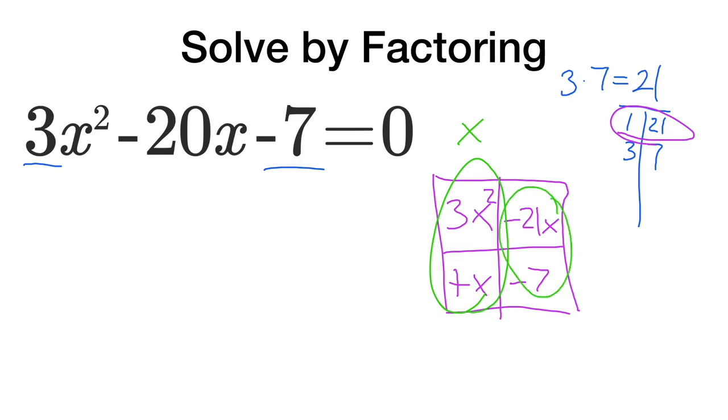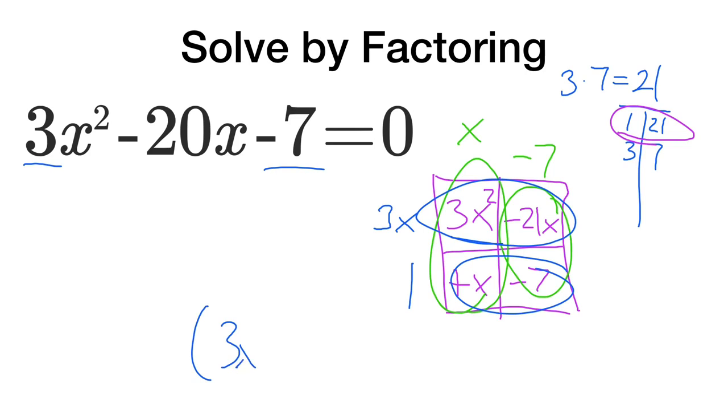The greatest common factor between negative 21 and negative 7 is going to be 7, but because this says negative, I'm going to say negative 7. Then I do the same thing for the other way. 3x squared over x is 3x, and negative 21 over negative 7 is 3, and x and negative 7 is just 1. So our two factors are 3x plus 1 and x minus 7 equals 0.